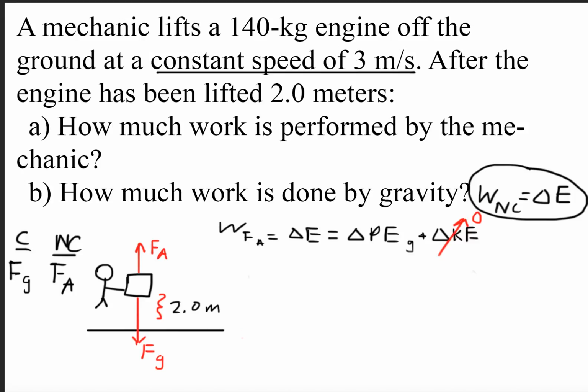because we were given that the mechanic is lifting this engine at a constant speed of 3 meters per second. Then we had to look more closely into the values for our potential energy, and we wrote them out. And because we know that a delta, or a change in anything, is your final minus your initial value, we wrote out our mgh final minus our mgh initial.